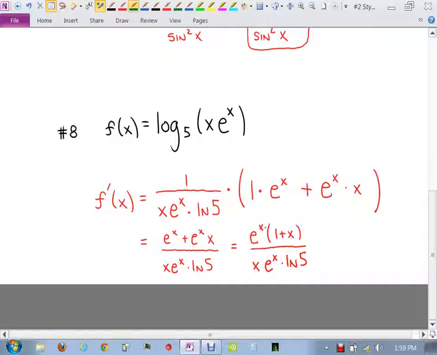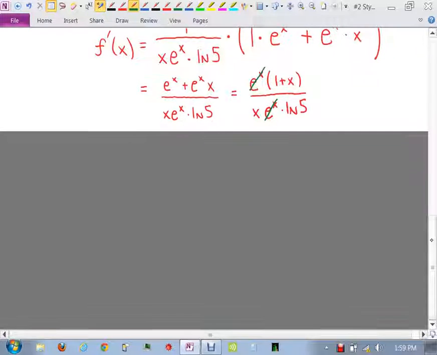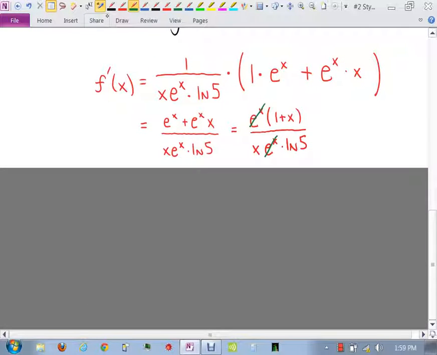Cancel the e to the x. Because there's multiplication on the bottom, right? So you can cancel through. Can you all see that all right back there? So I'm left with 1 plus x over x times natural log 5.